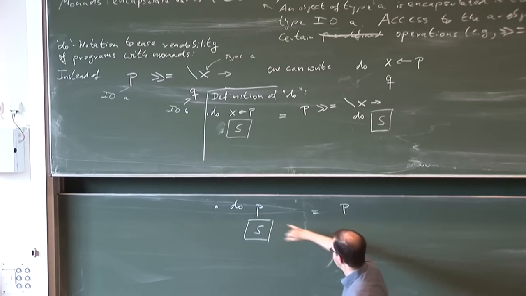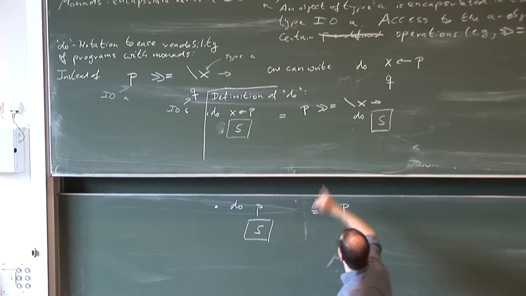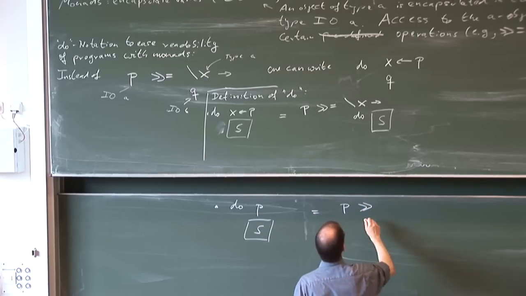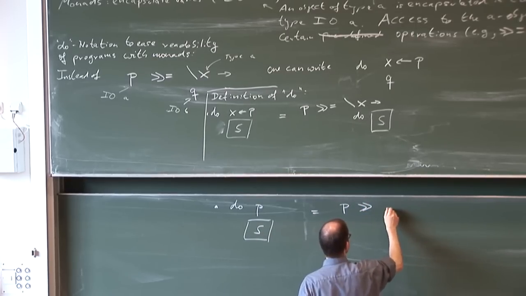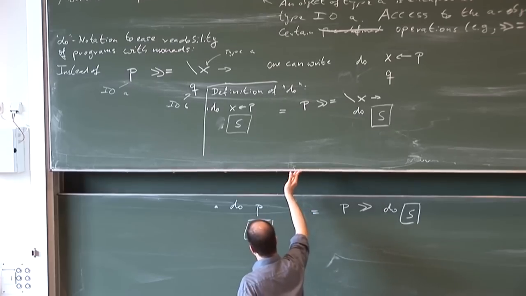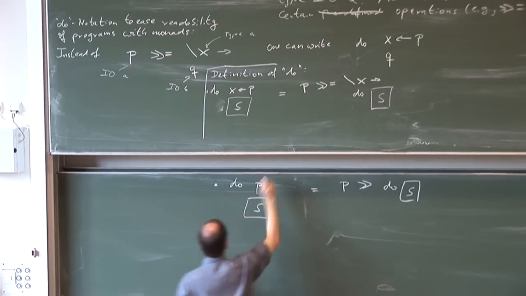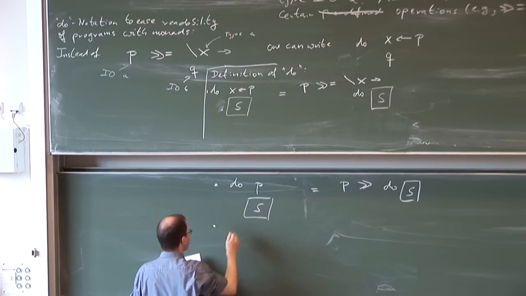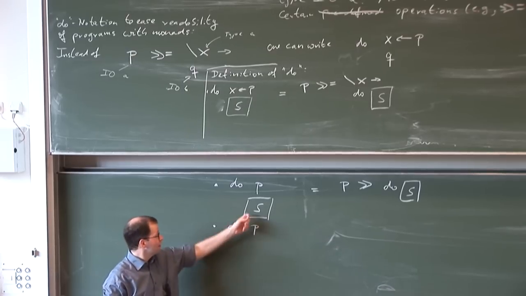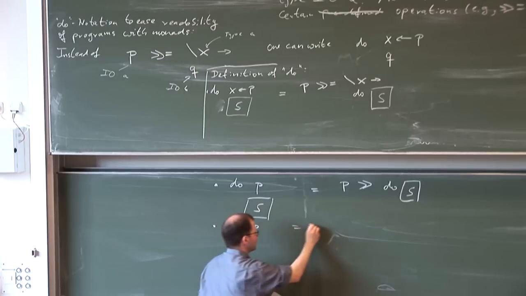So now you compose this action with the remaining stuff, not via bind, but via then. So this is it. And then you do with the remaining stuff. And then finally, if you just write do p and this stuff is empty, this is the same as p.